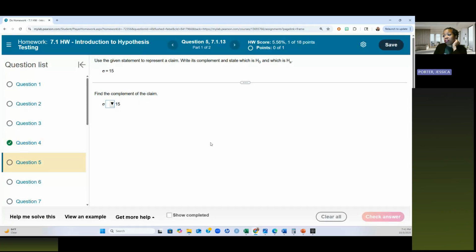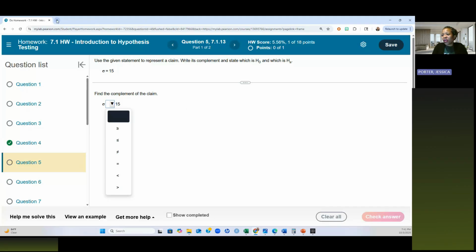Let's try that again. You have an equal sign. What is the opposite of an equal sign? A not equal sign.